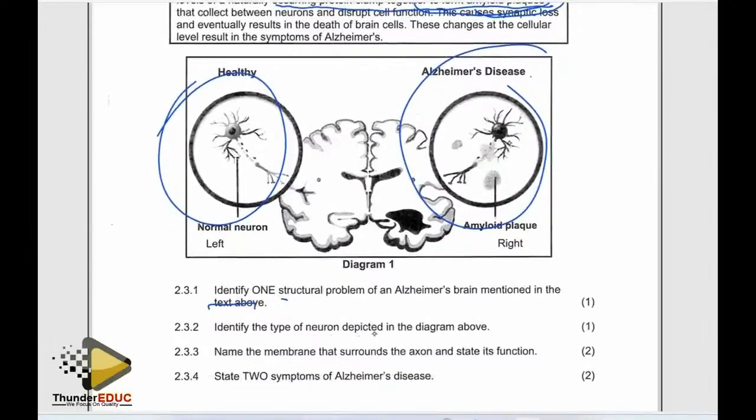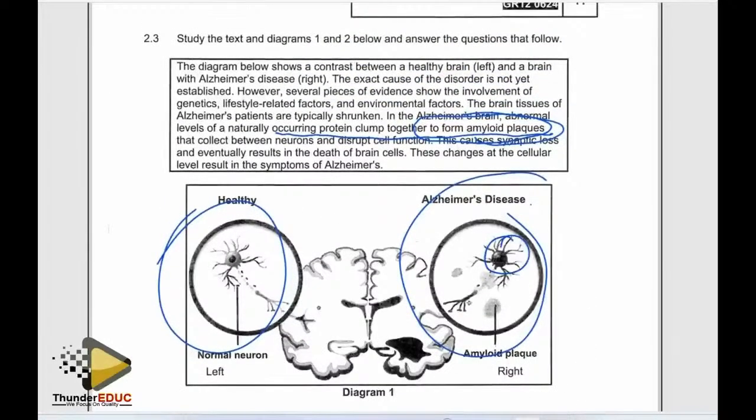Identify the type of neuron depicted in the diagram above. If you look at the neuron, this is the cell body, and then these are the dendrite, the axon, the terminal branches of the axon. How does the impulse move?